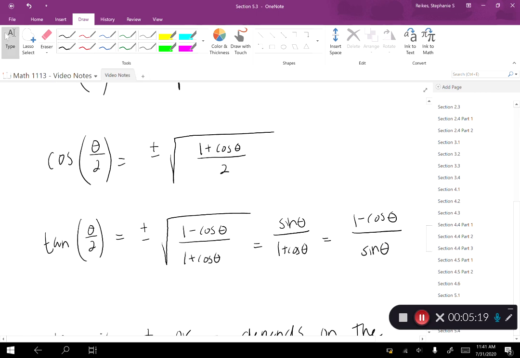And tan theta over 2 has a couple options again on this one. So we have plus minus big square root of 1 minus cosine theta over 1 plus cosine theta, or sine theta over 1 plus cosine theta, or 1 minus cosine theta over sine theta.